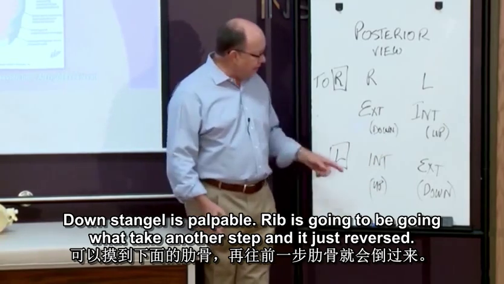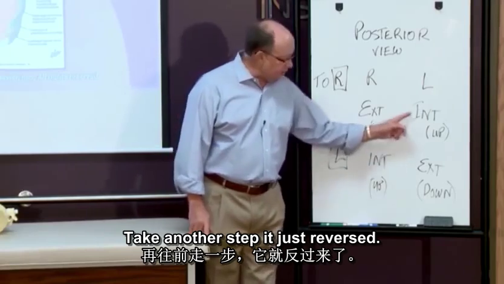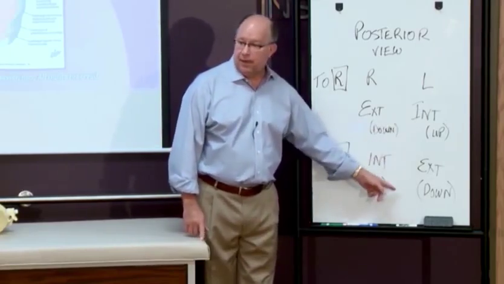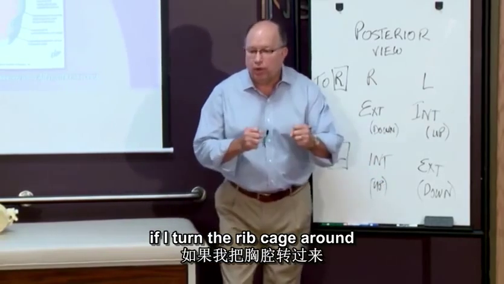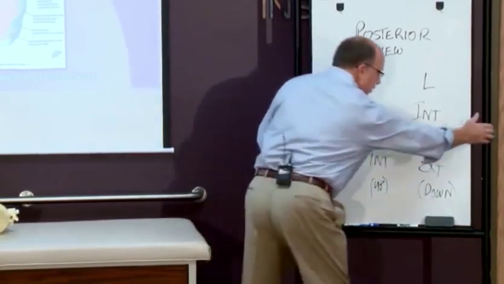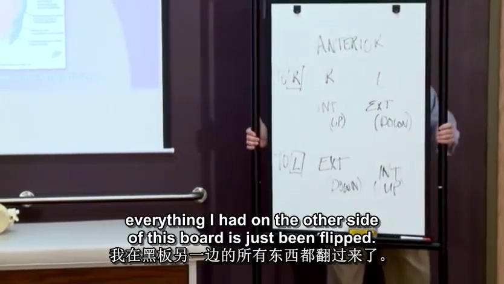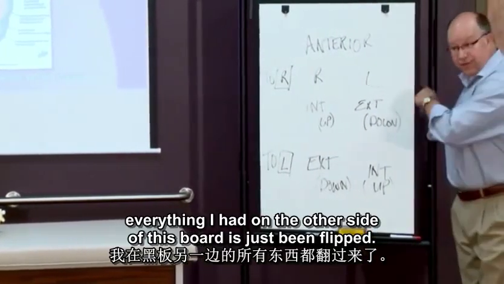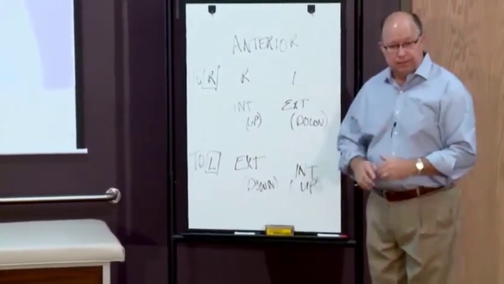Take another step and it just reversed. Take another step, it just reversed. That's rotation. If I turn the rib cage around, everything I had on the other side of this board has just been flipped.